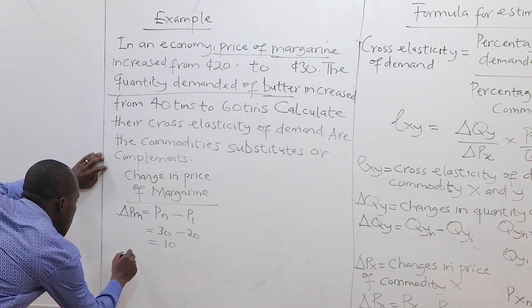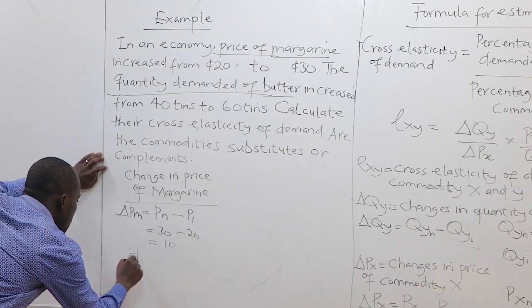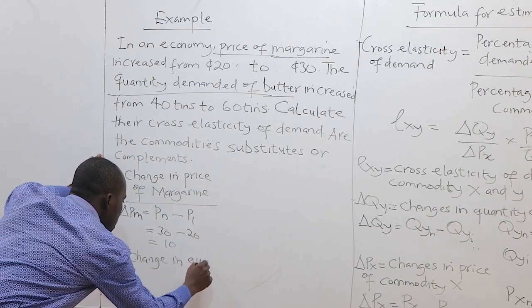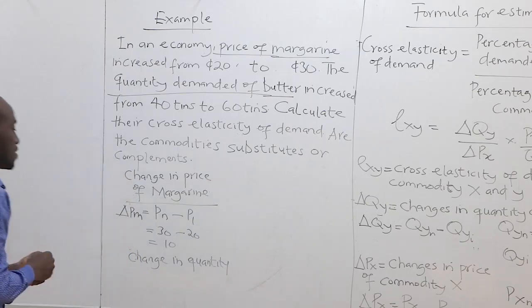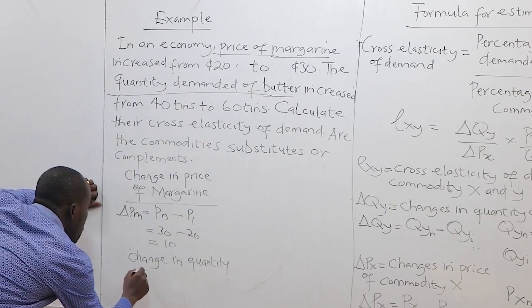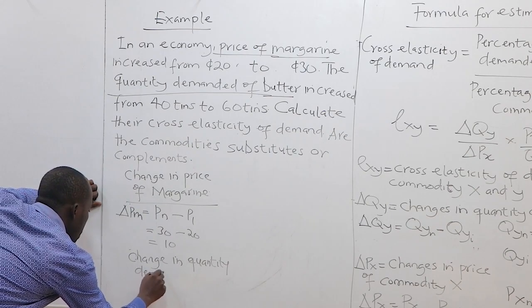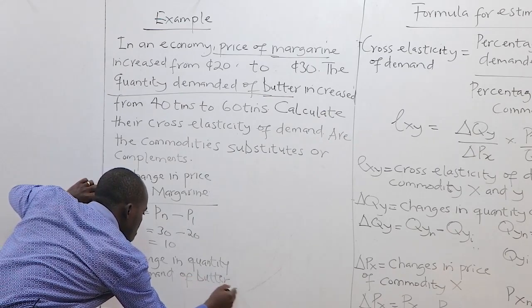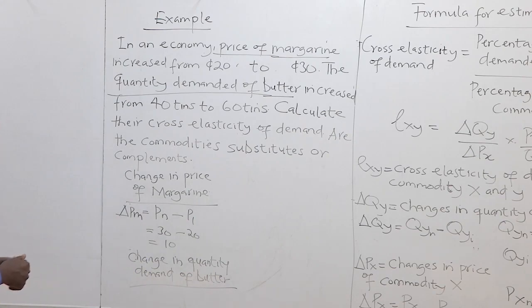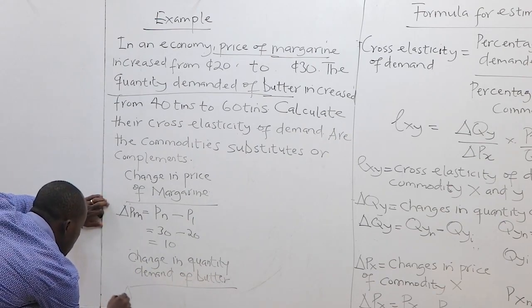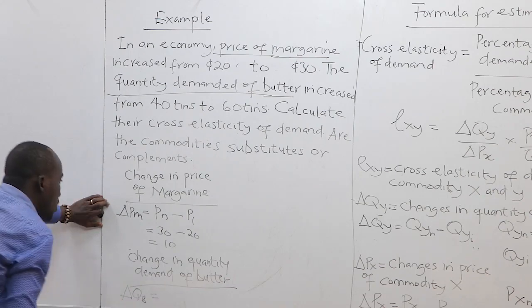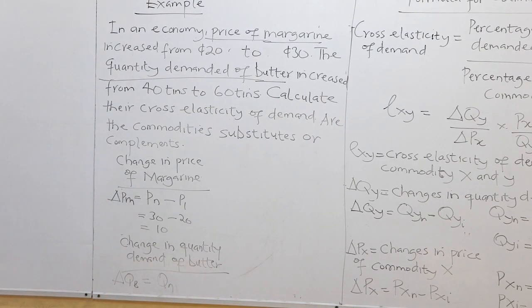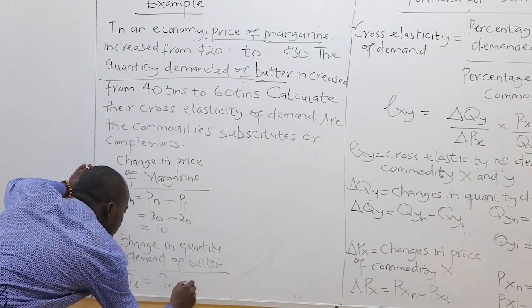The change in quantity demanded of butter will be the new quantity minus the initial quantity.